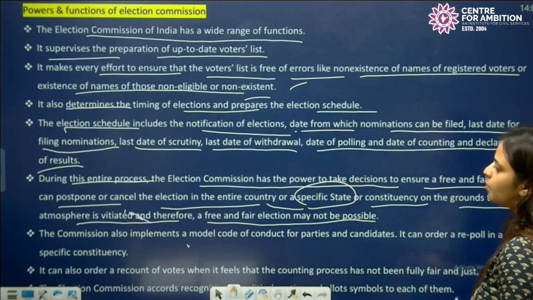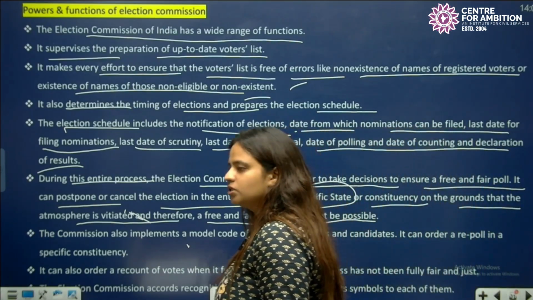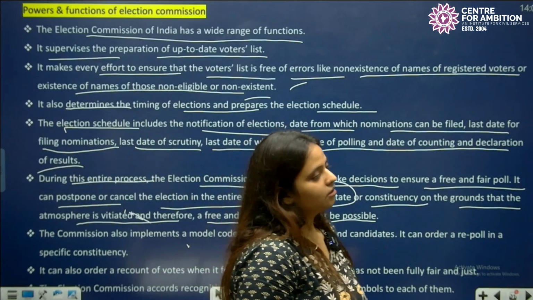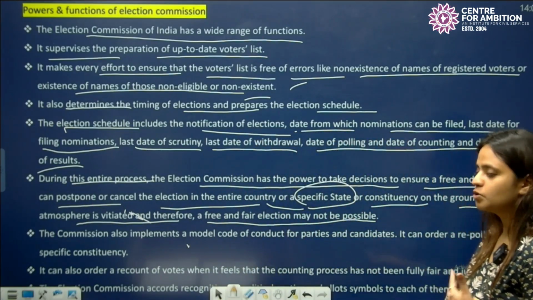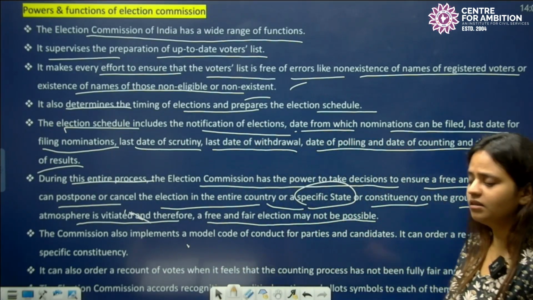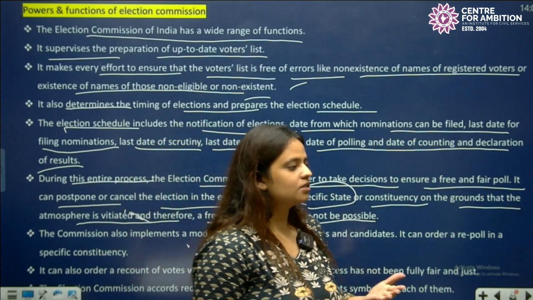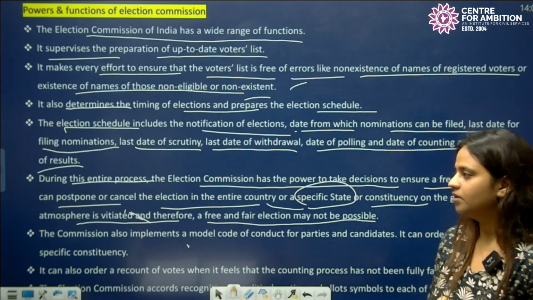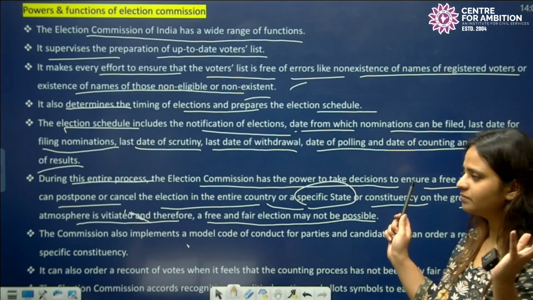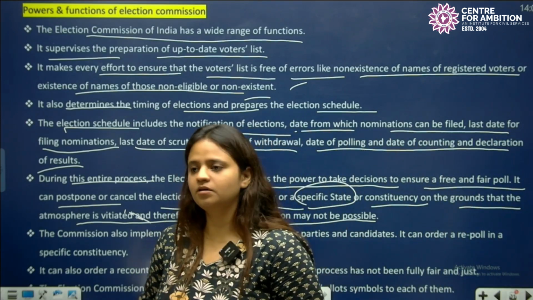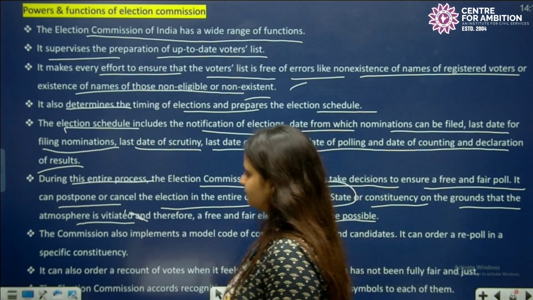So it is possible for the Election Commission to cancel or postpone the elections in the country, in any particular state, or in any constituency, if it sees that the atmosphere of the particular place is not suitable for the elections.